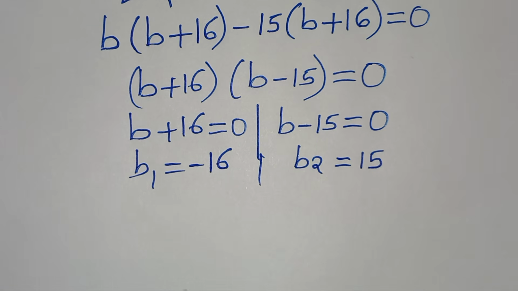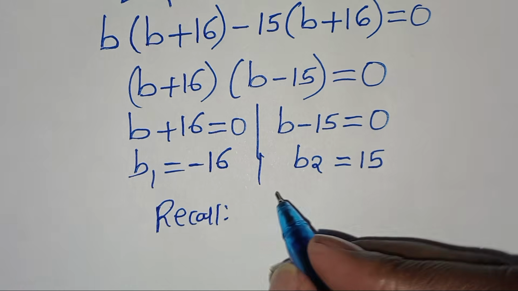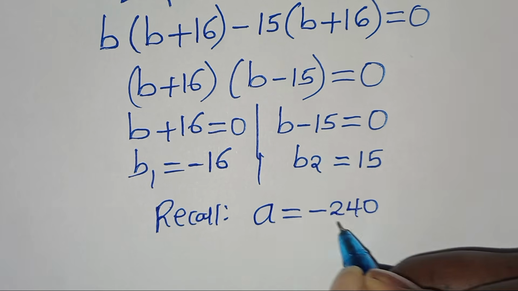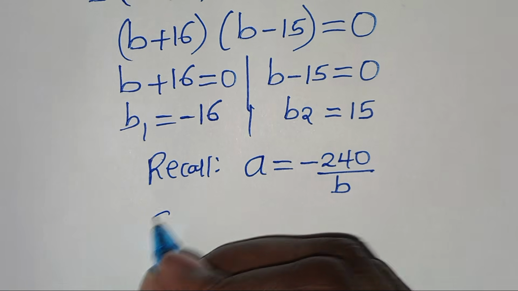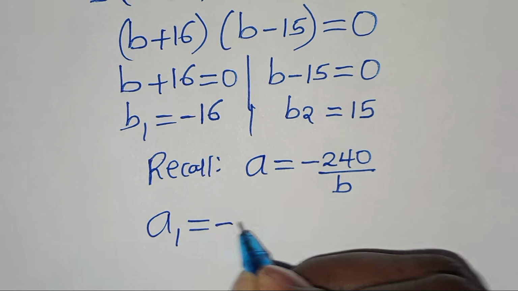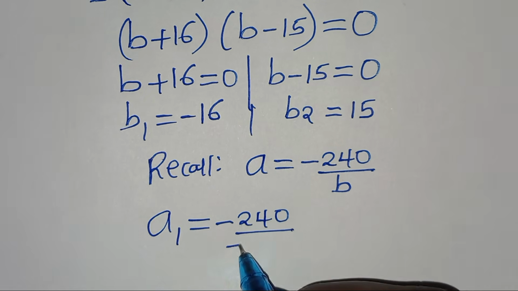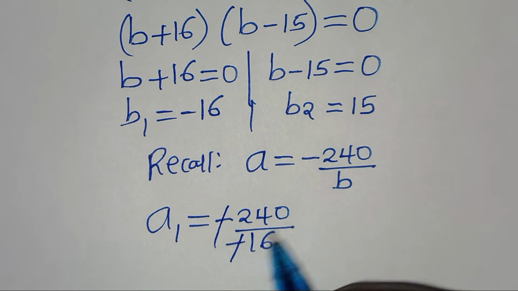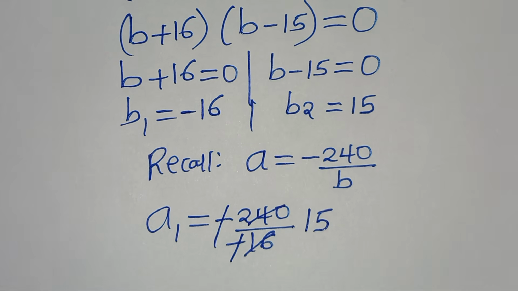Now, if you recall, we have that a is equal to minus 240 divided by b. So this follows that a1 is equal to minus 240 divided by b1, which is minus 16. So in this case, we can simplify here.